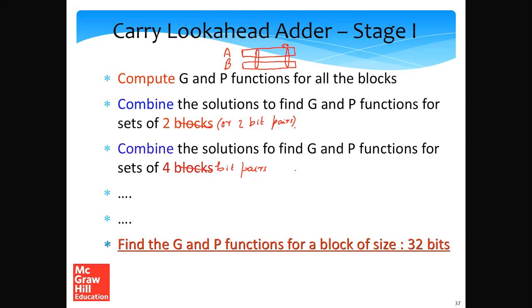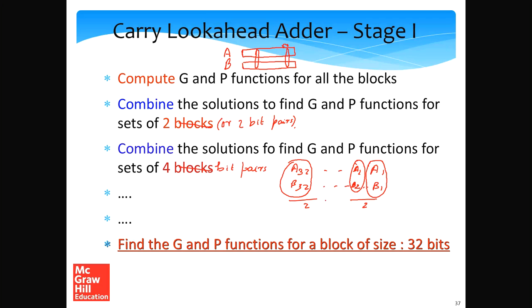So if we start out assuming that A has 32 bits and B has 32 bits, we start out in a parallel fashion by computing the GNP functions for each pair of bits. At this point, each block contains one pair of bits. Then for, let's say, A1, B1 and A2, B2, we combine the solutions to get the solution for a 2-bit system.